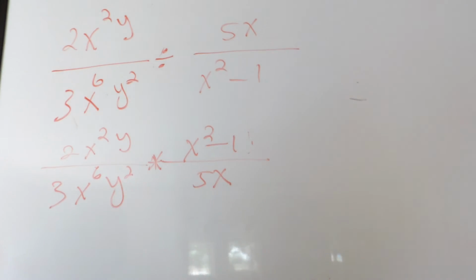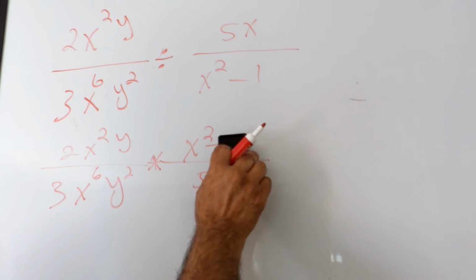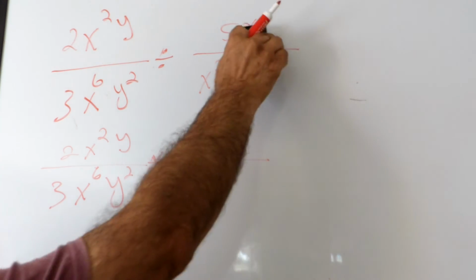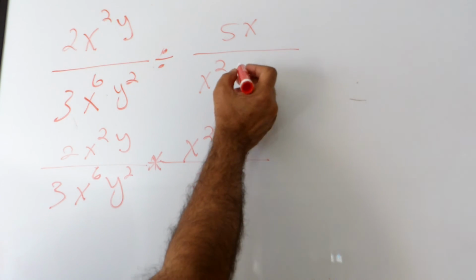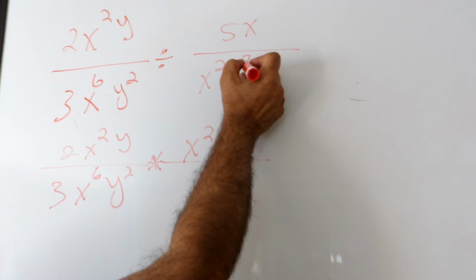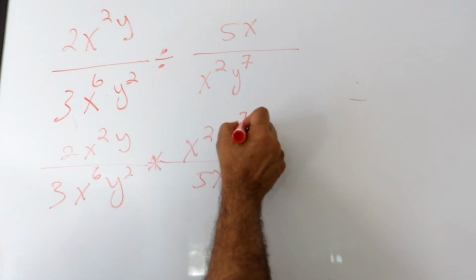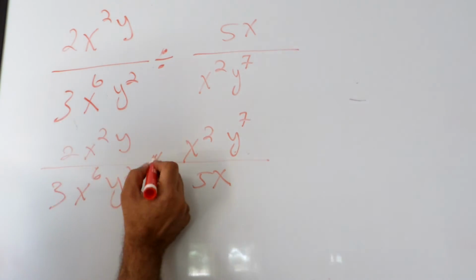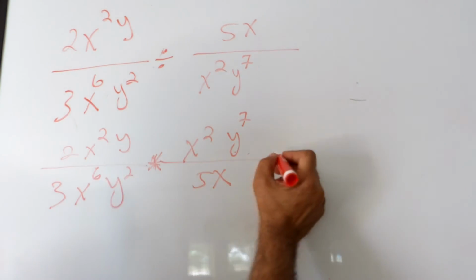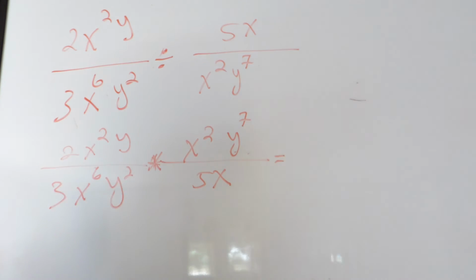Well, I want to make it easier to write, we say x squared y to the 7. Well, we want to write now for the simplification of this multiplication of the rational function.